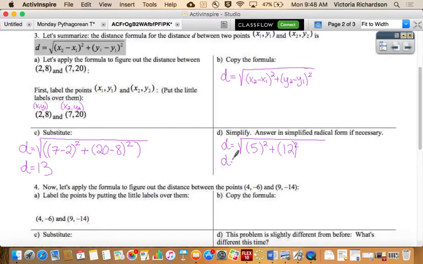Then I can simplify that. 5 squared is 25, plus 12 squared is 144. And then I add those two numbers together, and I get 169. And when I take the square root of 169, I get D is equal to 13. So my distance for this is 13.